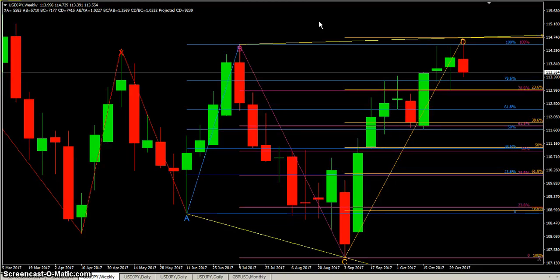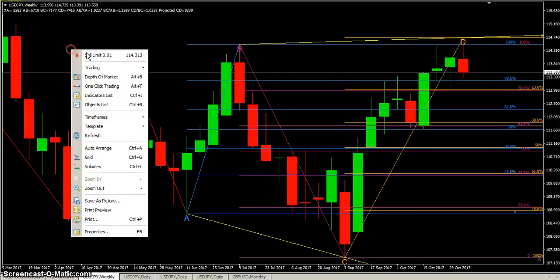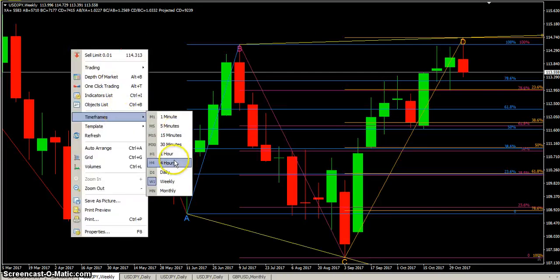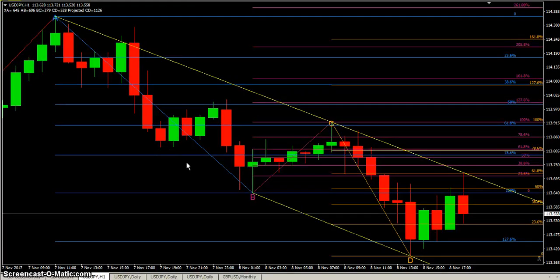So I don't really know exactly if there's anything else I can say about this indicator. It's just simply a fib projection, fib plotting indicator. And once again, it'll work on all the different time frames.